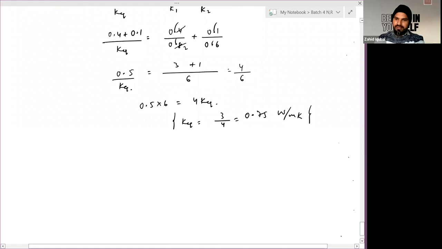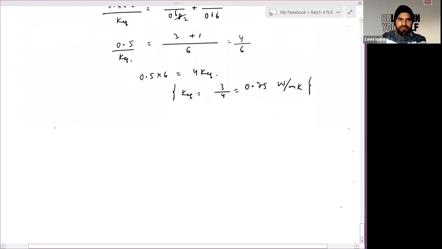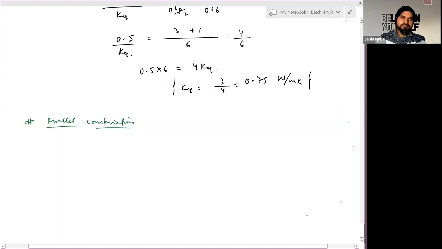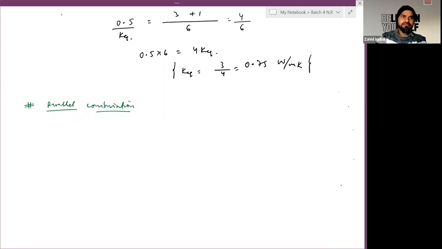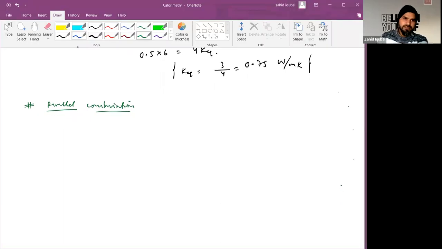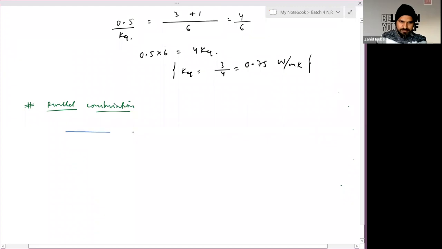Similarly, we may find the parallel combination of rods. So next is parallel combination. Suppose there is a rod of length L, thermal conductivity K1.